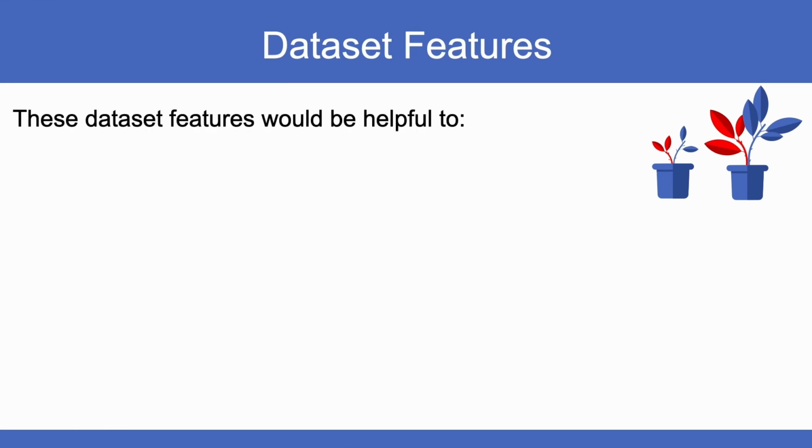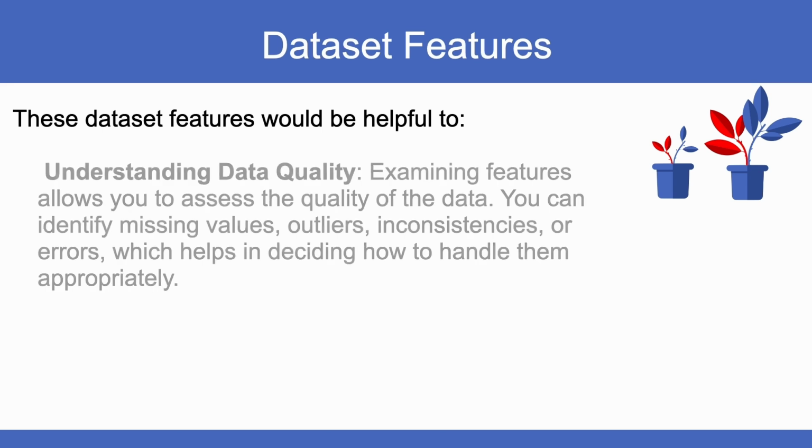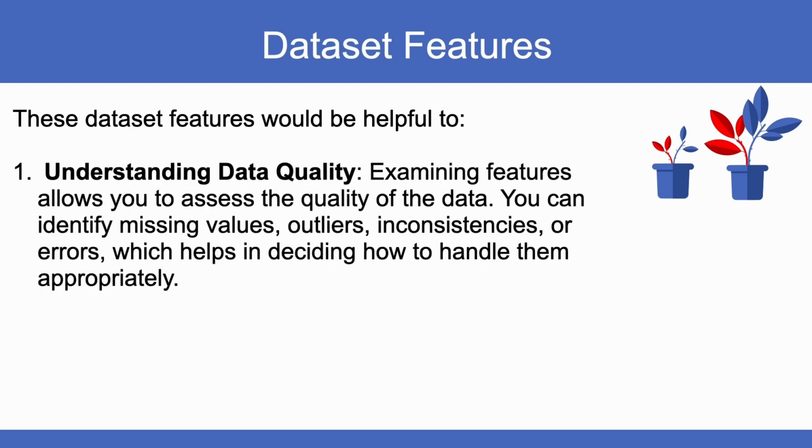Now we will understand how these dataset features would be helpful towards our data analysis. First up, understanding data quality. Examining features allows you to assess the quality of the data. You can identify missing values, outliers, inconsistencies, or errors, which helps in deciding how to handle them appropriately.